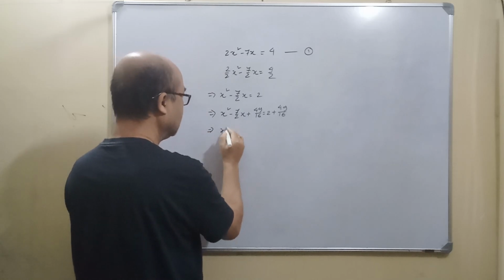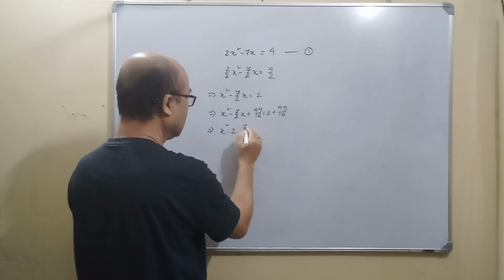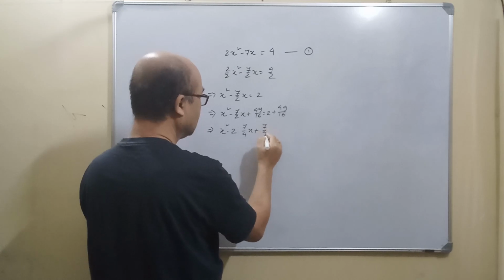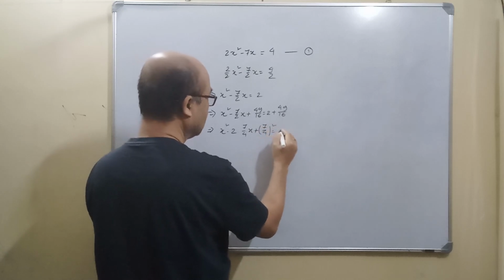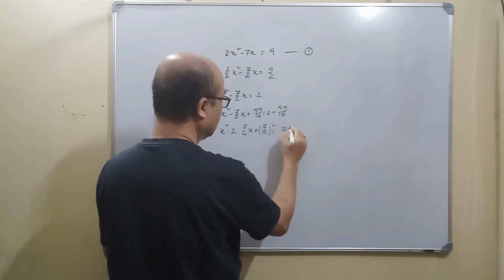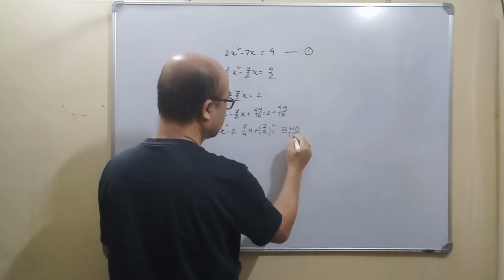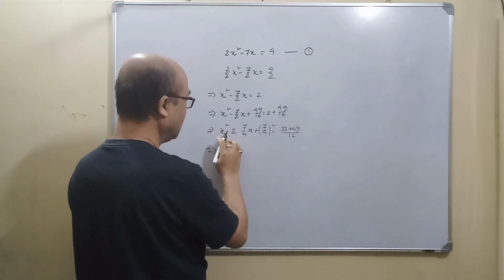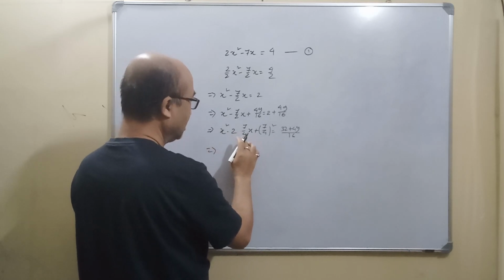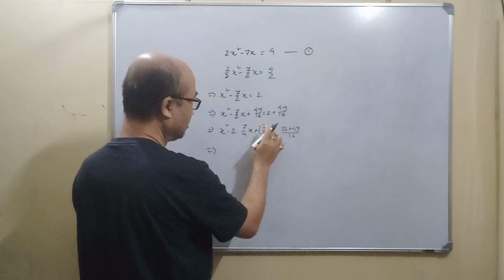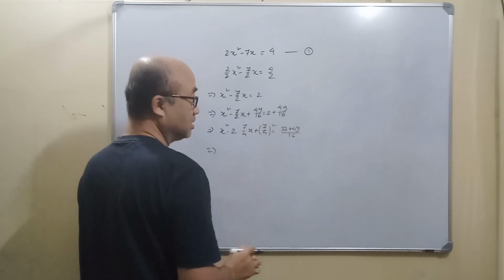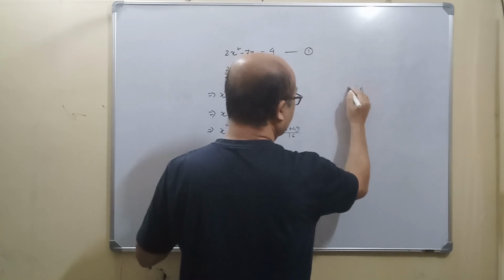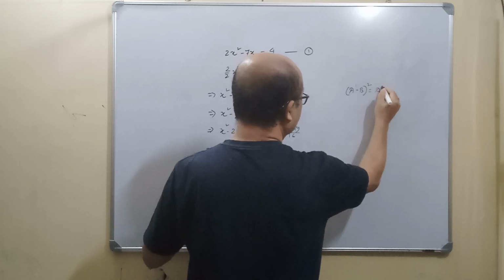Now this can be written as 2 plus 49 by 16, which is x squared minus twice 7 by 4 x plus 7 by 4 whole square. That is this formula, the a minus b whole square formula.